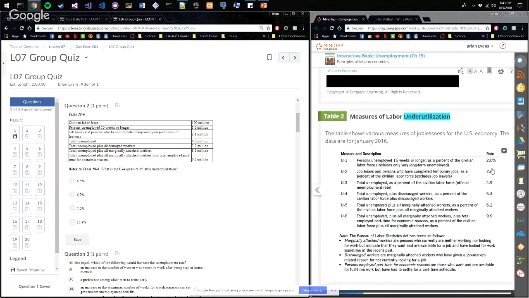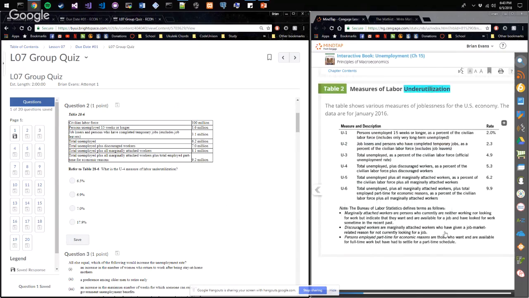Okay, so what on earth? What is underutilization? Is there a way to put this on the screen, my notes? I think you should be able to screen share.